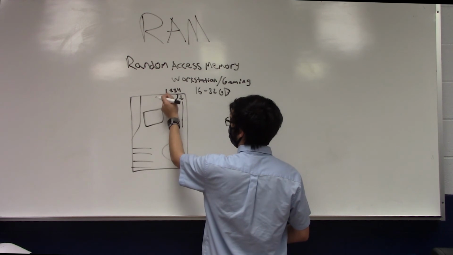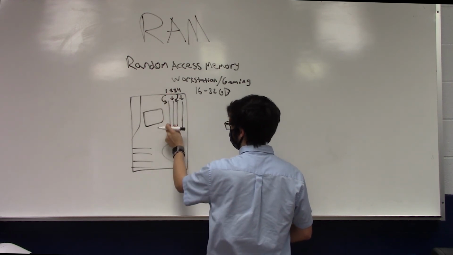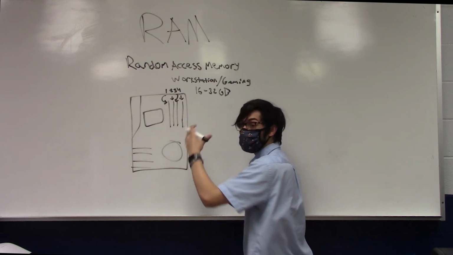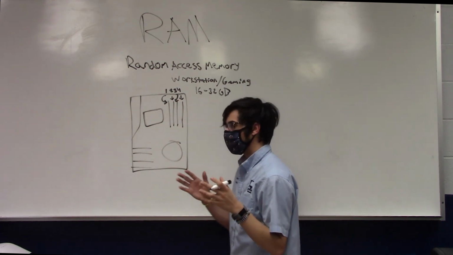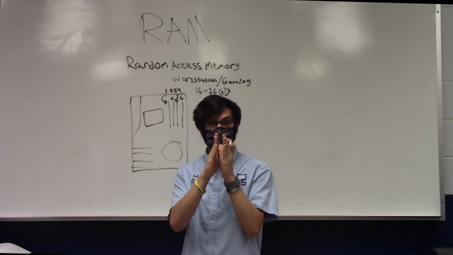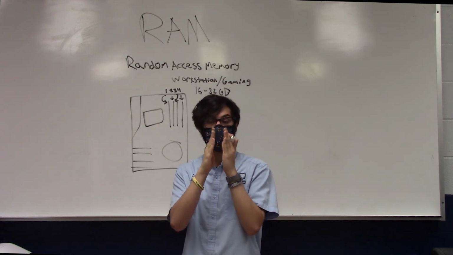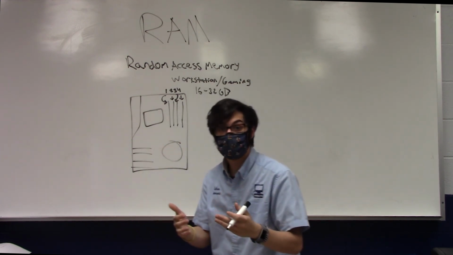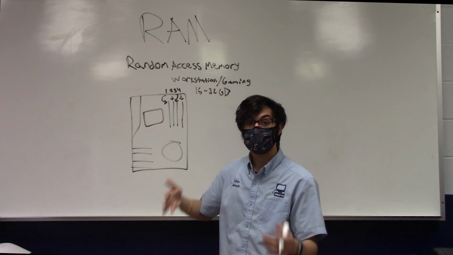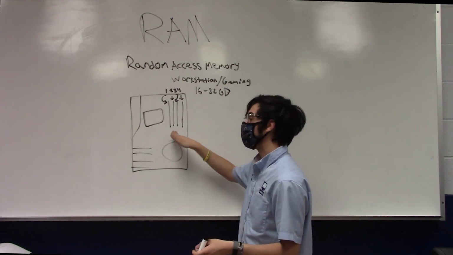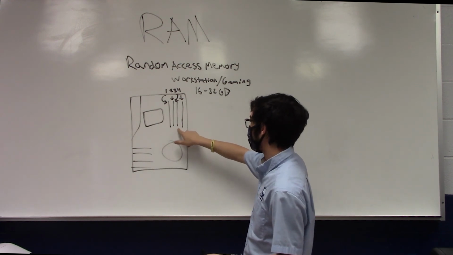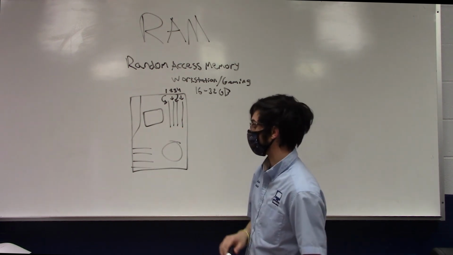But if you had 1 and 2 together, running at the same time, data will just start bumping into each other and it'll start running slower. If the cars going in opposite directions are closer together, there's more of a chance of someone crashing on the highway and having the highway slow down. It's the same thing with this. Data will crash together and it'll slow down the RAM. So if you're installing RAM, put it in 1 and 3 or 2 and 4.